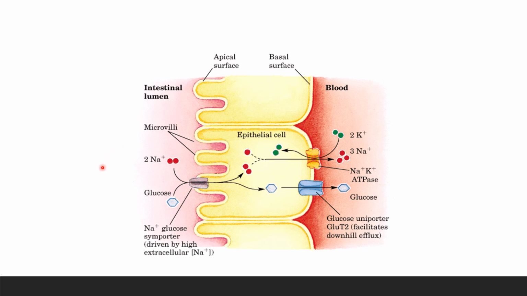And along the concentration gradient, by passive way, sodium will enter into the cell. The concentration gradient is created by the sodium potassium ATPase pump, which is acting at the basolateral part. But at the surface where this transport is happening, no energy is utilized. Here there is passive transport along the concentration gradient of sodium, and when the sodium enters, it will take the glucose with it. That's why it is known as sodium dependent glucose transport or SGLT.